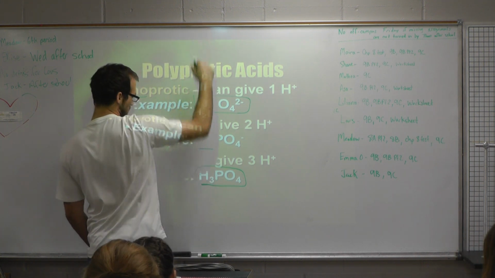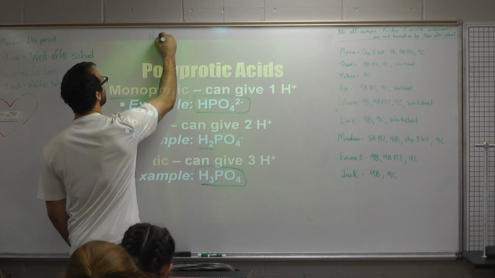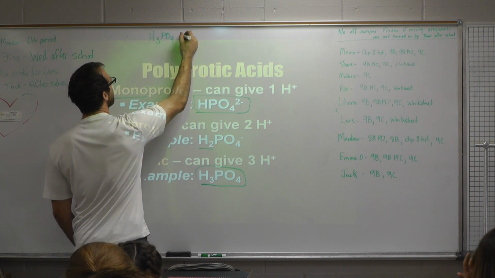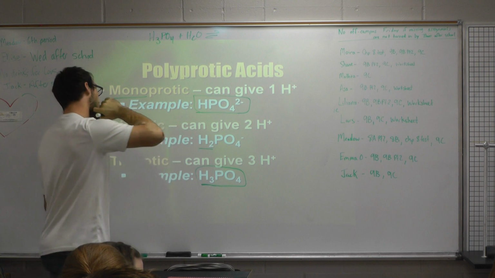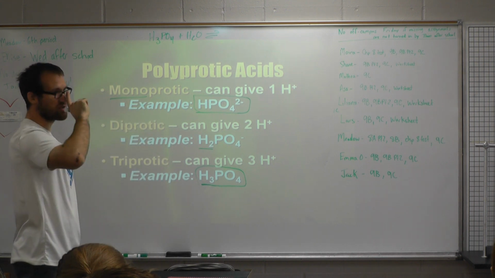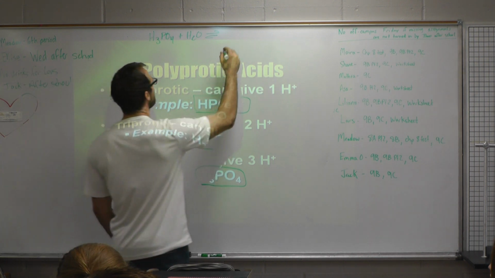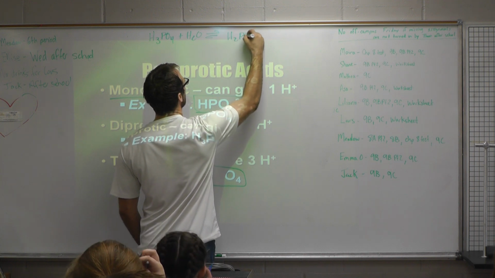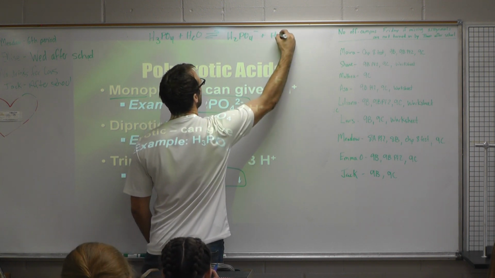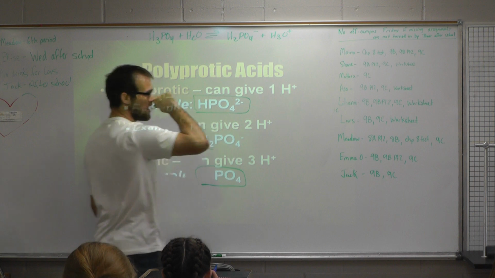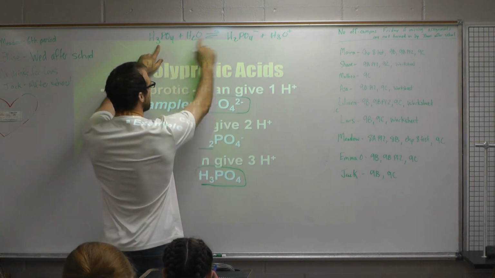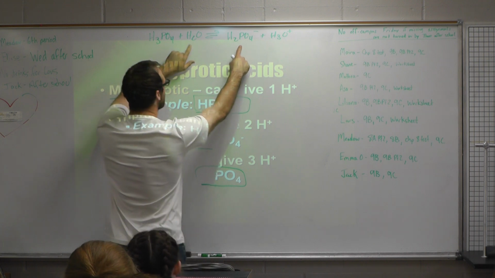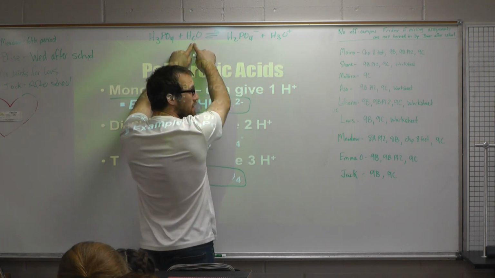So let's say I have this. H3PO4 is going to give off its hydrogen because it's an acid. Please stay with me. That's the equation there. Acid, base, conjugate base of the acid, conjugate acid of the base.